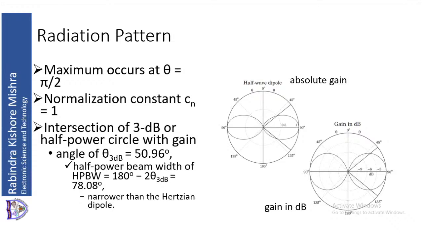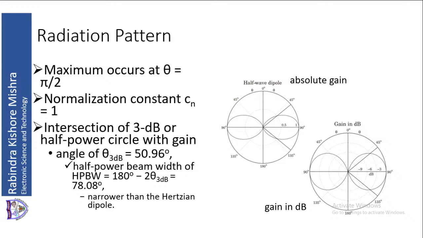These beam widths are narrower than the Hertzian dipole, because in the Hertzian dipole the beam width is 90 degrees, since the field varies as sin theta. Sin theta is maximum when theta is equal to pi by 2, which is the maximum power. Power becomes half, meaning E becomes 1 by root 2, when sin theta is 1 by root 2, that is theta equal to pi by 4, or 45 degrees.